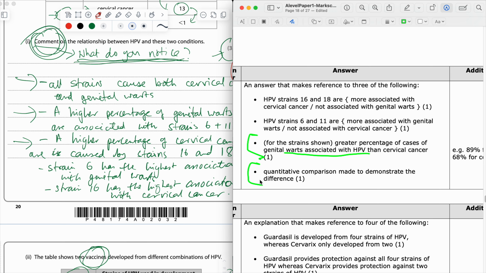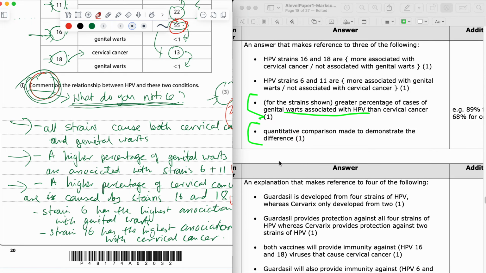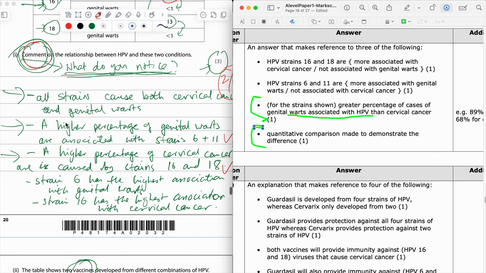And I didn't make a quantitative comparison, so that's another thing, like what I'm seeing for all these comment questions, not every single time, but usually there is credit for doing some kind of mathematical comparison. So that's something I'm gonna try and do a bit better in future comment questions.